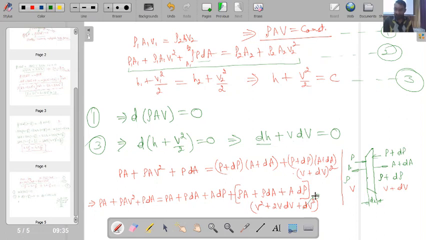Okay. So ultimately let me cancel out some of the terms. If you see PA is cancelling out. Anything else is cancelling out? PDA is cancelling out. Okay. PDA has also cancelled out. Let me write then other terms. So on the left hand side I am left with rho A V square.